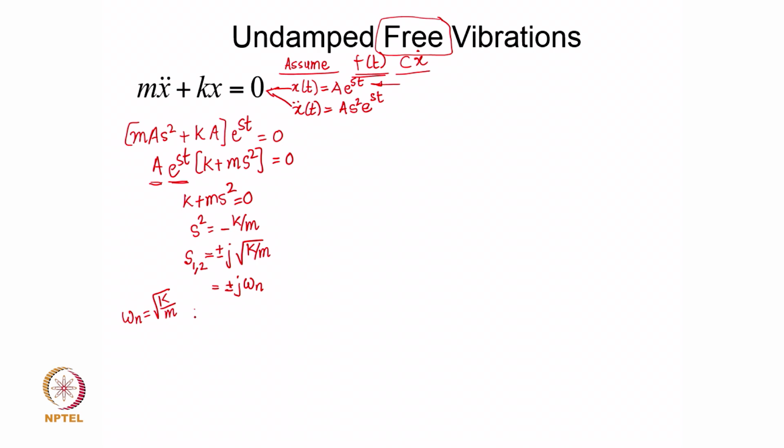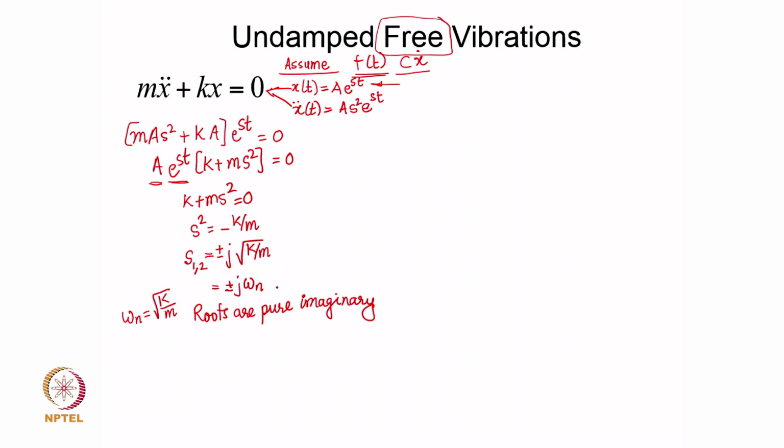So, the roots here of this equation are pure imaginary. There are two imaginary roots, and they point to a single natural frequency omega n.